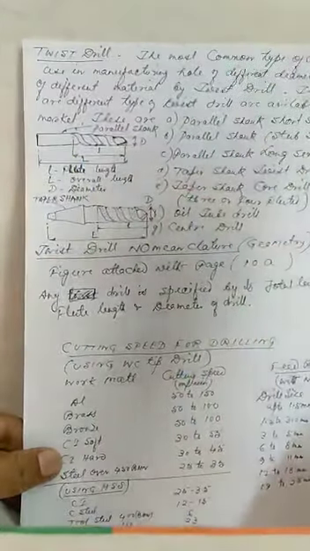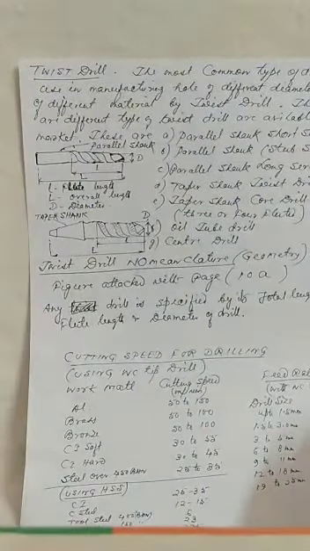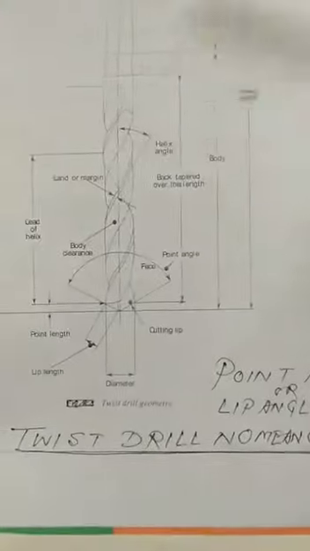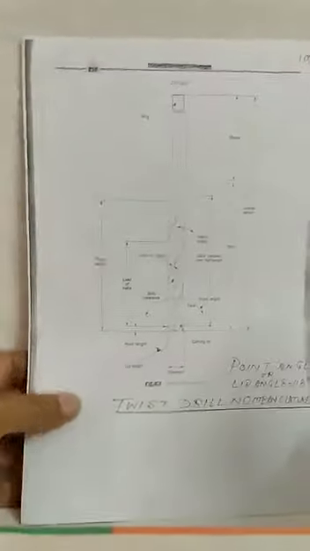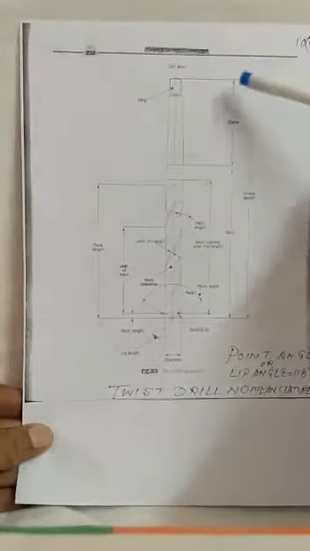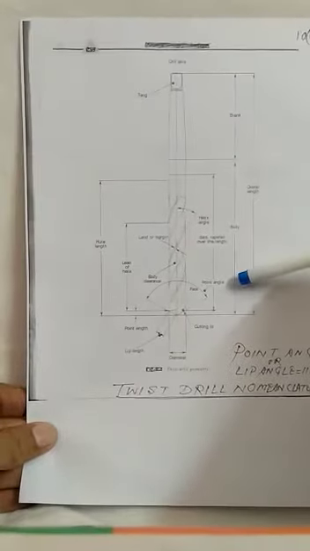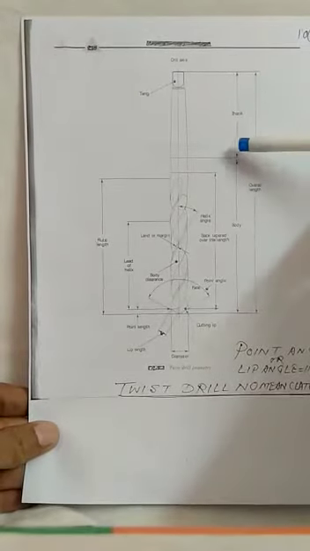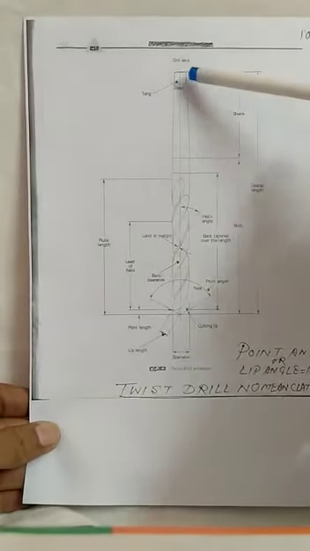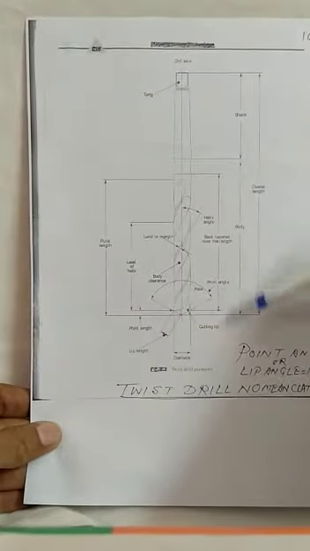Now I am showing you the nomenclature of the twist drill. The figure clearly shows one front view. This portion is called the shank, this is the tang, and this total is the overall length.